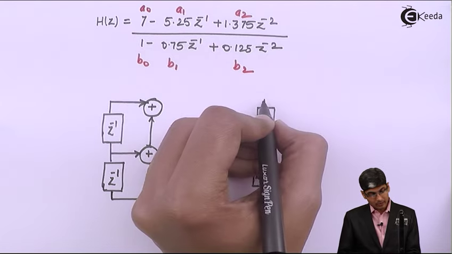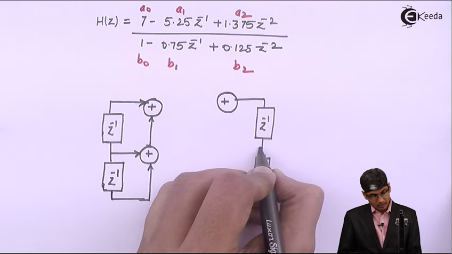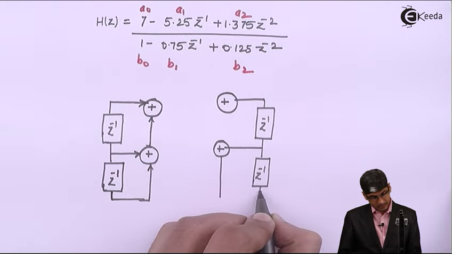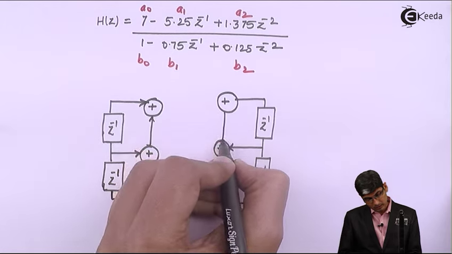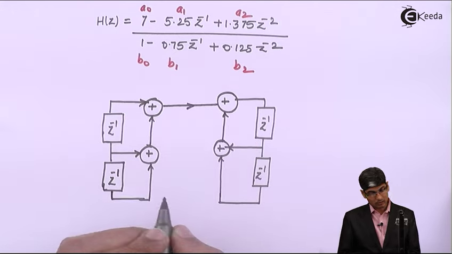Okay, similar way here also there will be one adder, and also here there will be one of the adder, and this will get connected over here. Okay, now this will come over here.